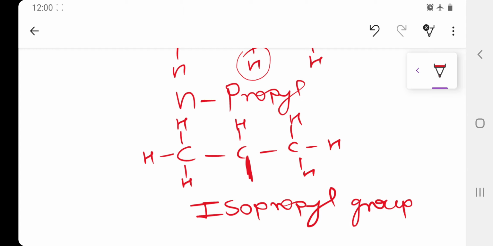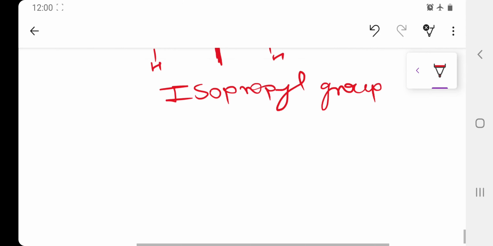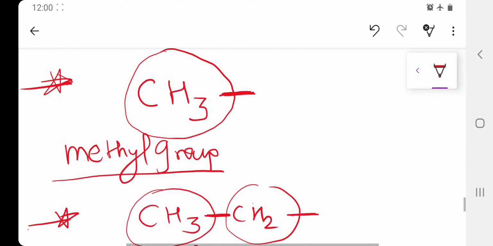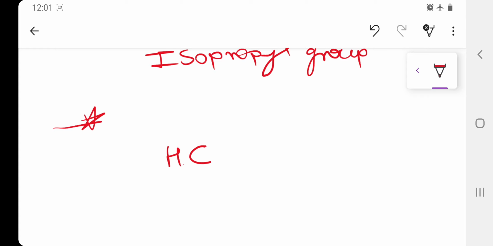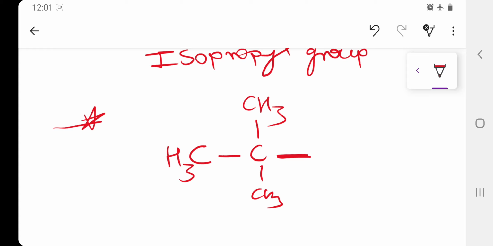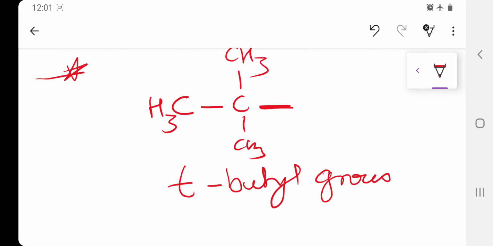Now for practice I will give these 3 alkyl groups here. If you understood all this, the fourth one you have to understand is CH3, C, CH3, CH3, and this is the empty bond. This group is called the tertiary butyl group because it is formed from butane.